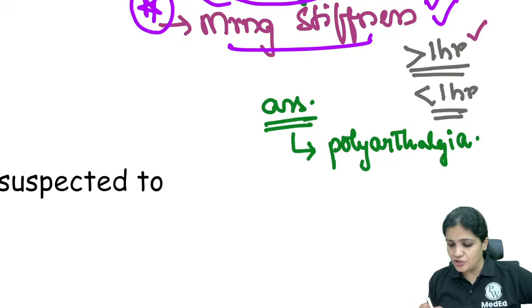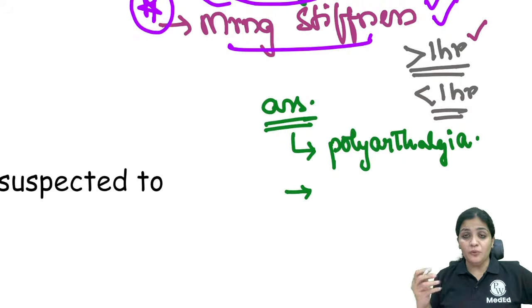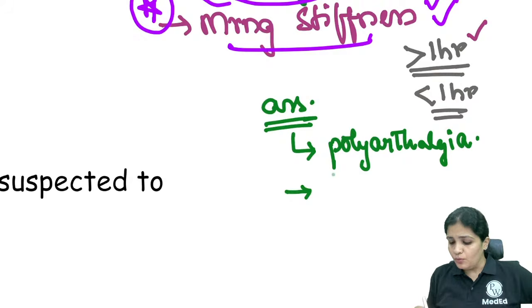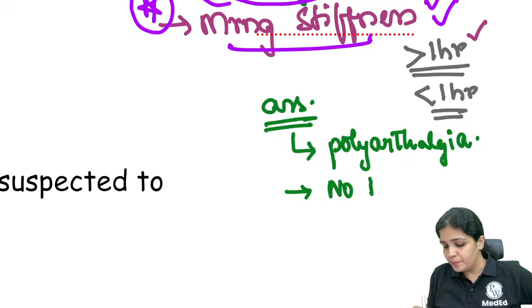So any history of polyarthralgia. And then you will ask him about any other complaints like involvement of other joints. There is no involvement of other joints, no joints in the hands are involved.